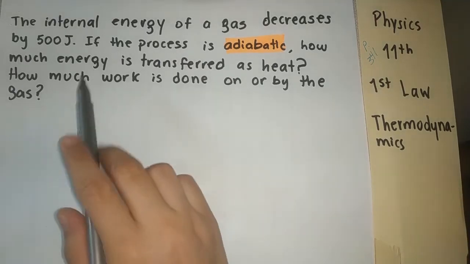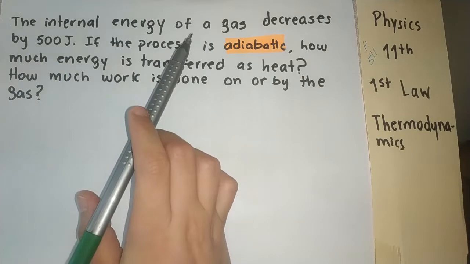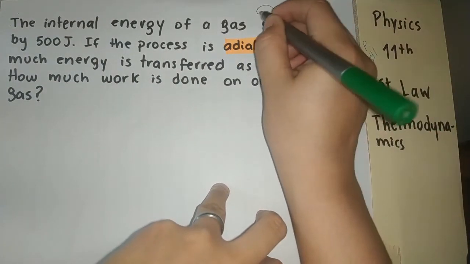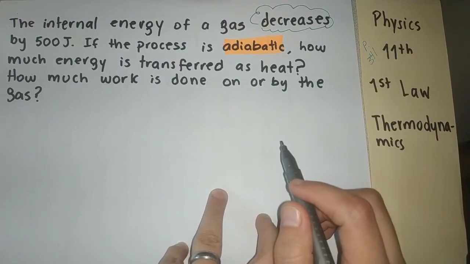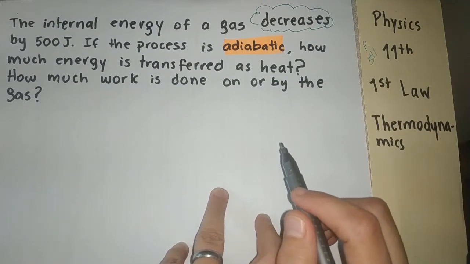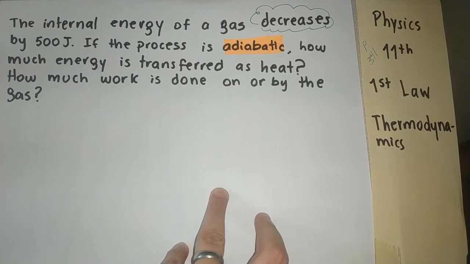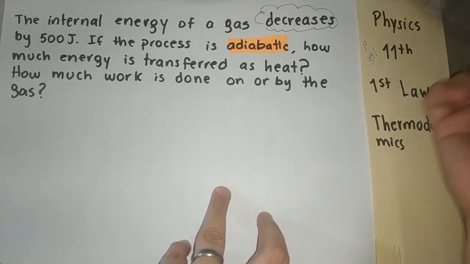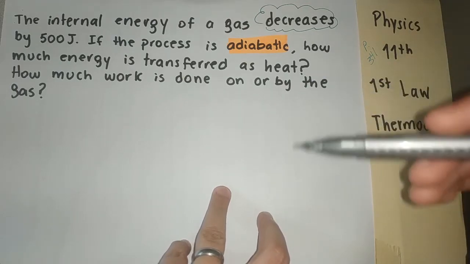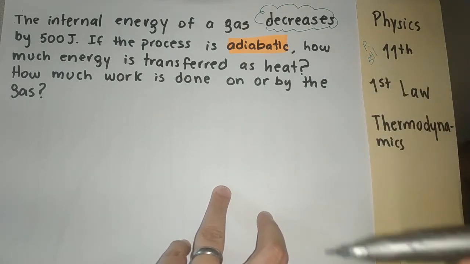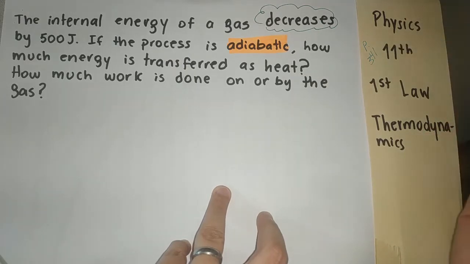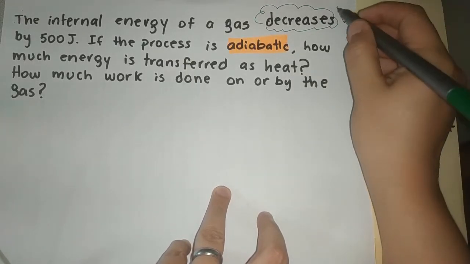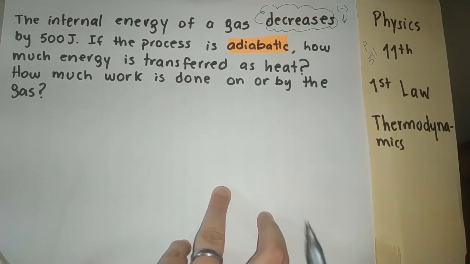Now, the internal energy of a gas decreases. This is a very important word, decreases. If I tell you about an increase, you're going to think about something positive. If we're talking about decreasing, something that decreases is something that is going downward, for example. So as it is going downward, we need to consider a symbol to be negative.